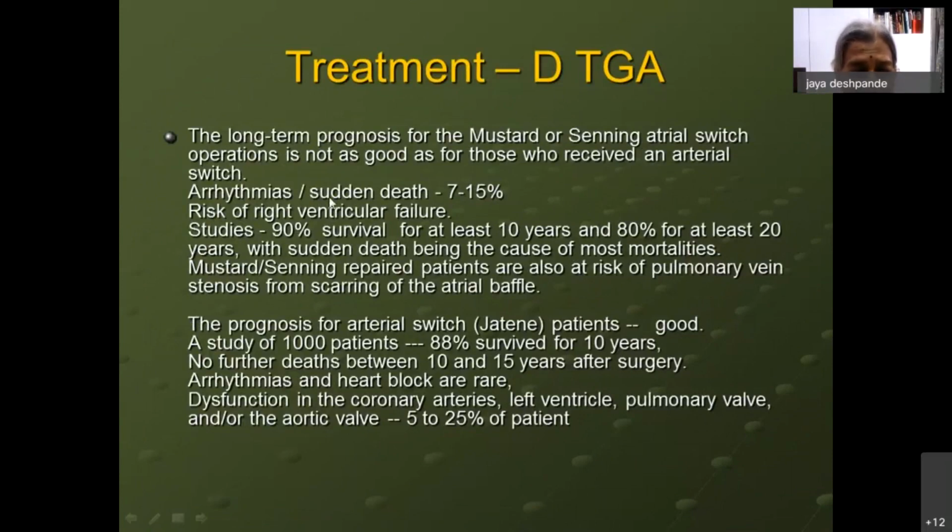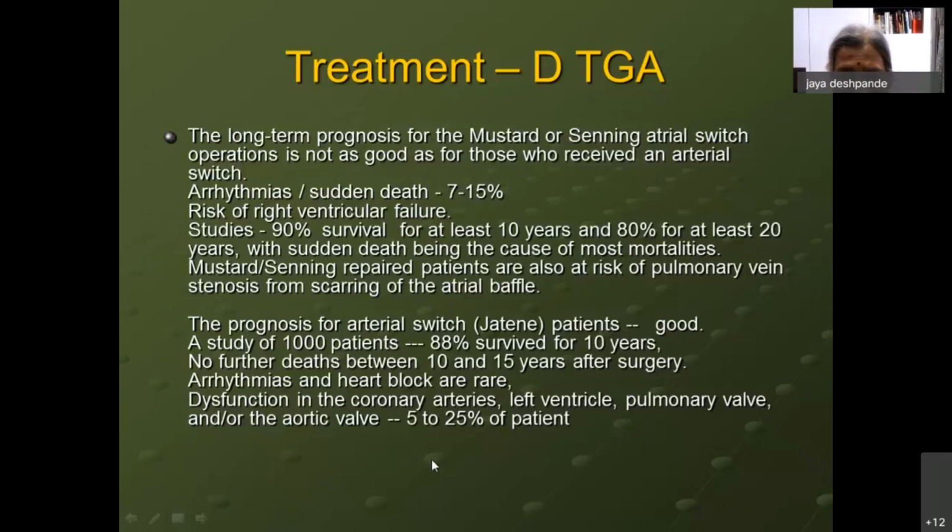There were arrhythmias, sudden deaths, and right ventricular failure, with 90% survival for at least 10 years and 80% for at least 20 years, but invariably leading to sudden death. These patients were also at risk of developing pulmonary vein stenosis because of the atrial baffle.